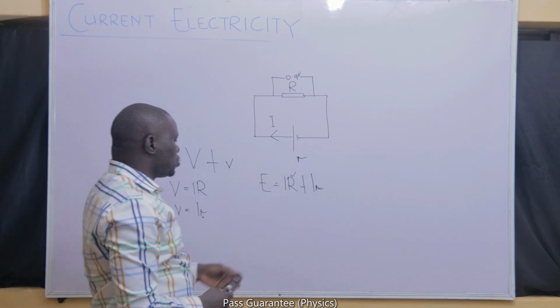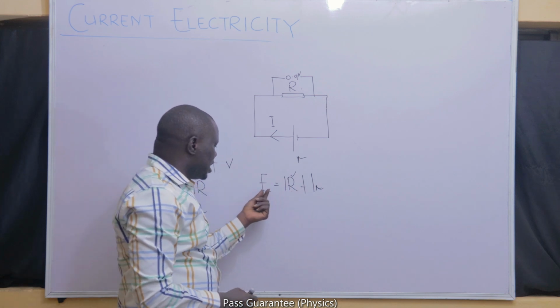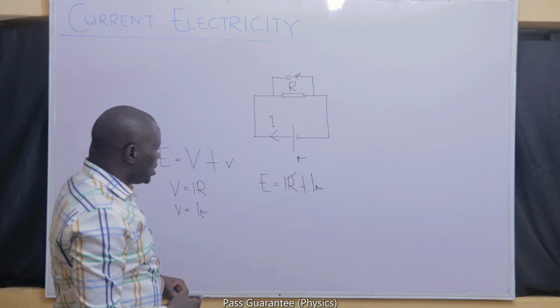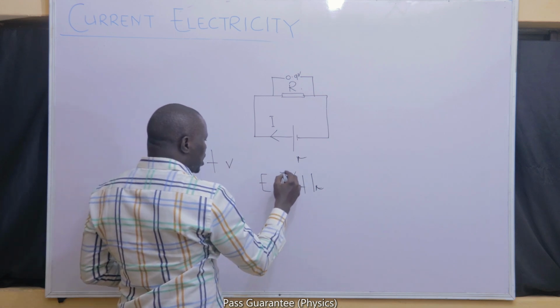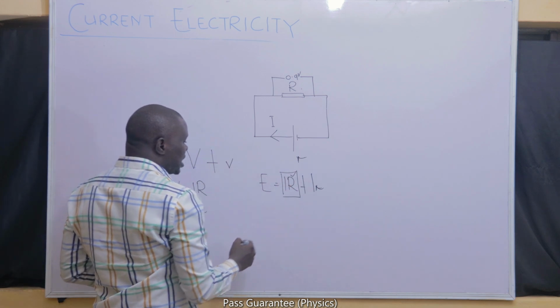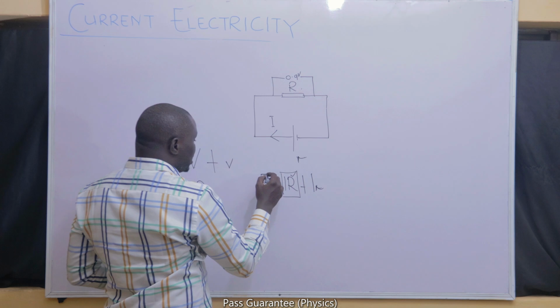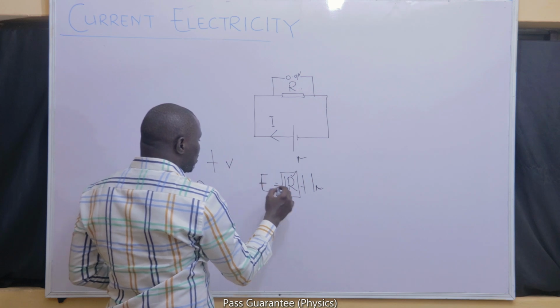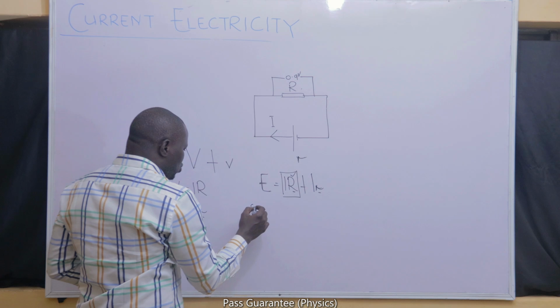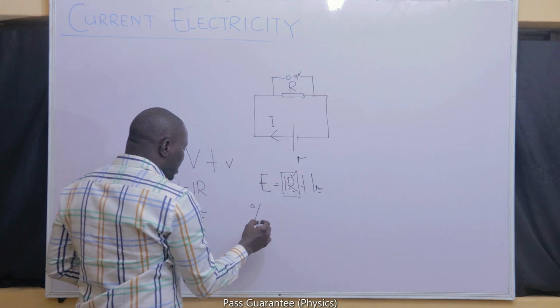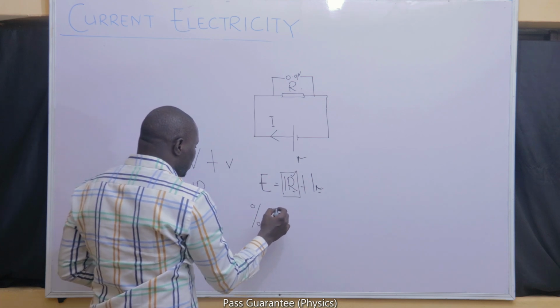E is the EMF. In this question, if they want me to find the terminal potential difference, it is only the current multiplied by the total external resistance. If they want me to find the EMF, I will now think of both the external resistance and the internal resistance. This will now lead us to the percentage efficiency of the cell.